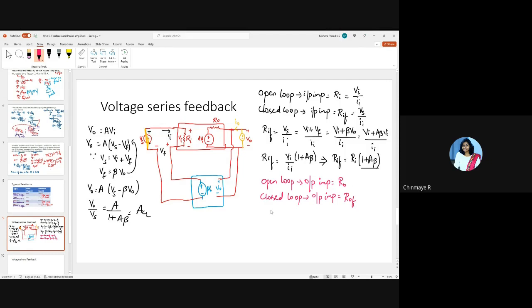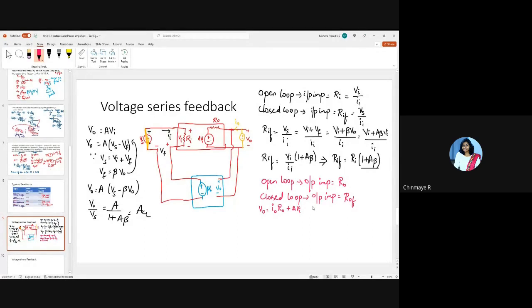Okay. So now if we apply KVL to this outer loop, I can write V0 is equal to I0 R0 plus A times Vi. Correct? So if I apply KVL to this outer loop, I can write V0 is equal to the voltage across R0 plus A times Vi.